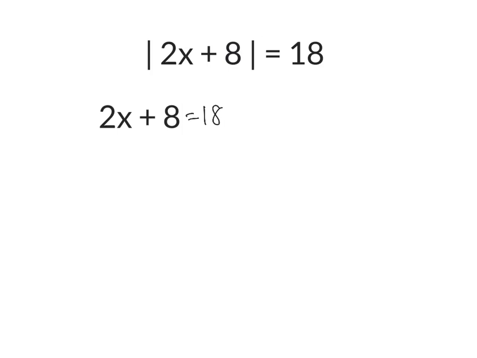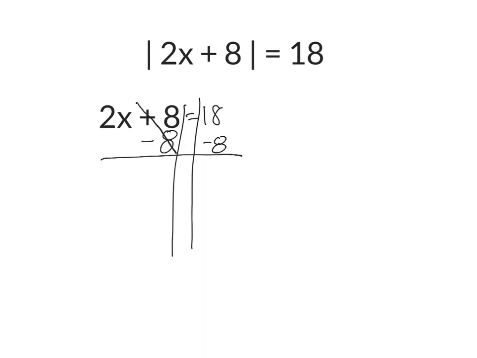If this is the case, I'm just going to solve this equation like a basic two-step equation. I have a constant over here by itself, so this is my constant side. I need to cancel out any constants on the other side of the equal sign. I have plus 8, so I do minus 8. Plus 8 minus 8 cancels.